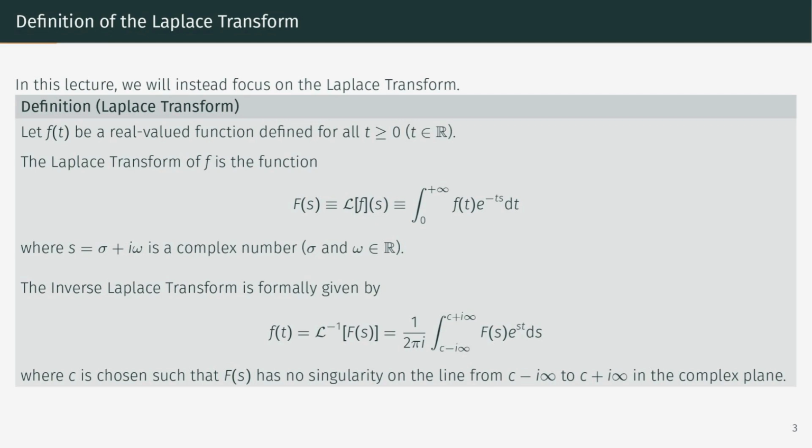Here, s is equal to sigma plus i omega, which is a complex number, and sigma and omega are real numbers.